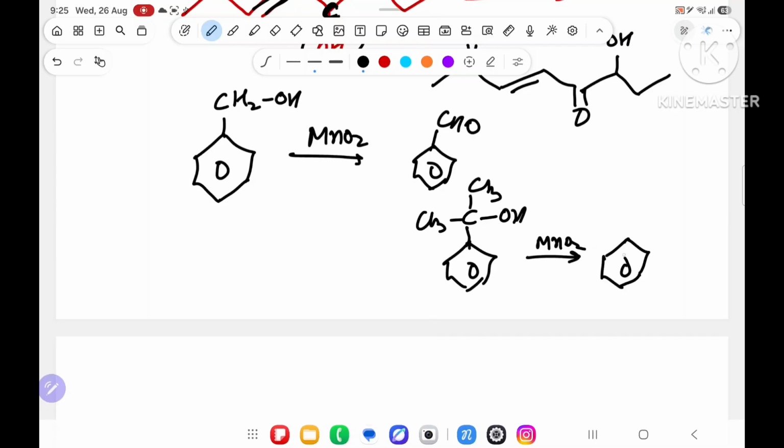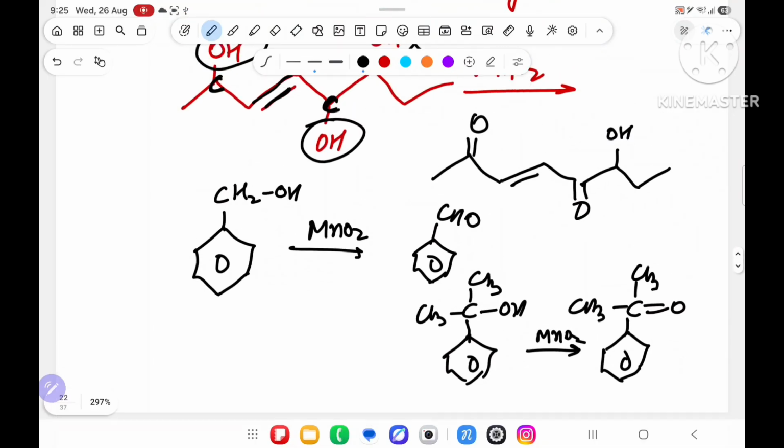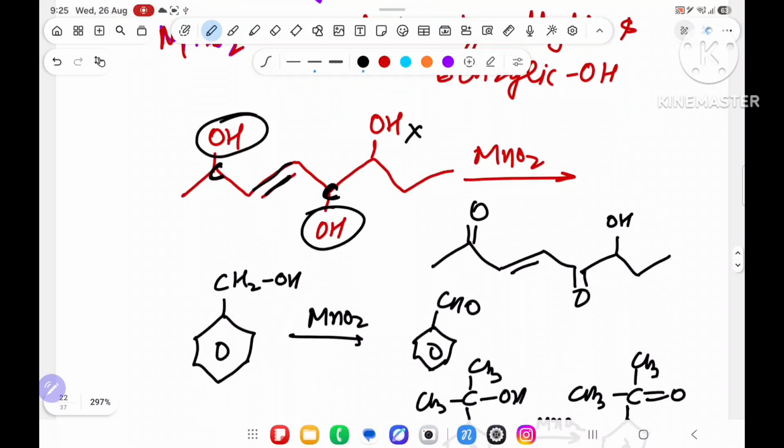It will convert into ketone, because it is also benzylic alcohol. If no hydrogen, double bond O; if any hydrogen, then aldehyde. Understood? So this is all about the oxidation of alcohol, and alcohol is totally finished in 3 parts.